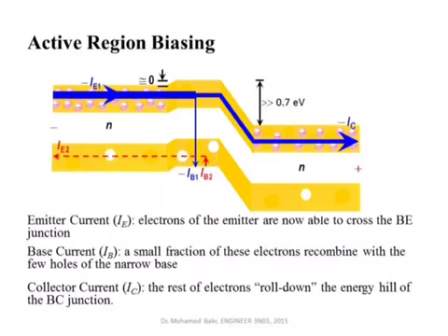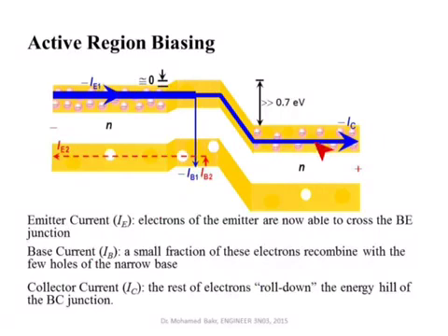We have the collector. Whatever electrons did not recombine with the holes will be able to roll down this energy hill. They have way higher energy than that required to be in the conduction band of the collector, and this means they will be able to have a current here. So this flow of electrons is equivalent to current flowing in this direction.